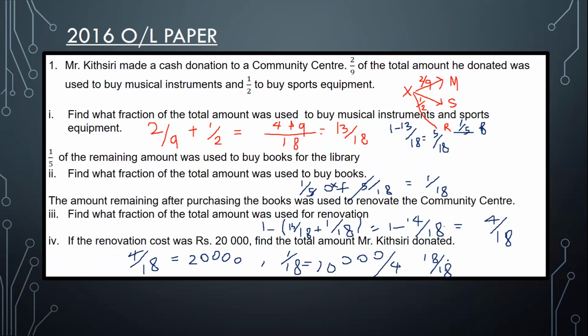So 20,000 divided by 4 is 5,000. I'll write it like this: 5,000 into 18. So that is going to be equal to 90,000. I'll write it as 90K.